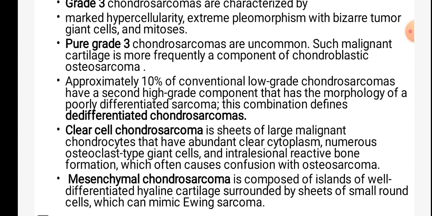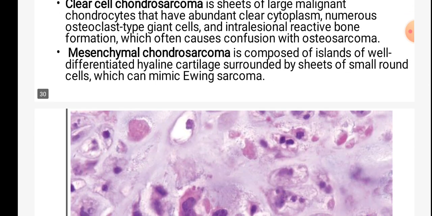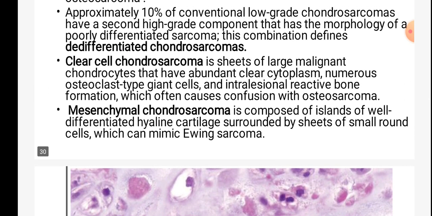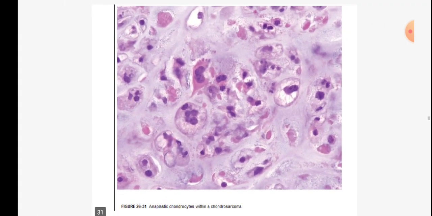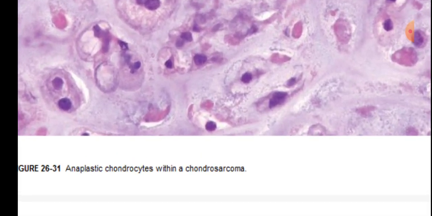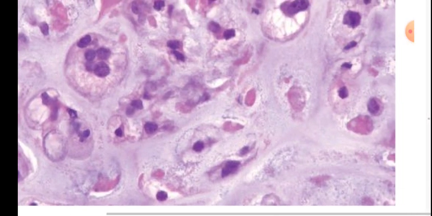Other variants are the dedifferentiated one, the clear cell chondrosarcomas, and the mesenchymal chondrosarcomas, composed of islands of well differentiated hyaline cartilage surrounded by sheets of small round cells. It can even mimic Ewing's sarcoma. Here you can see anaplastic chondrocytes within the chondrosarcoma.